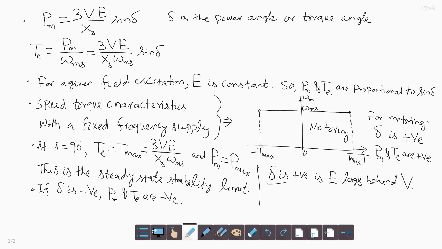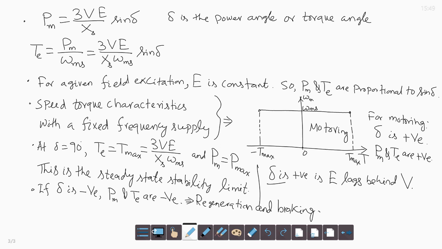So, power and torque are negative. This corresponds to generating operation, that means regeneration or generation, and braking, generator operation and braking operation.